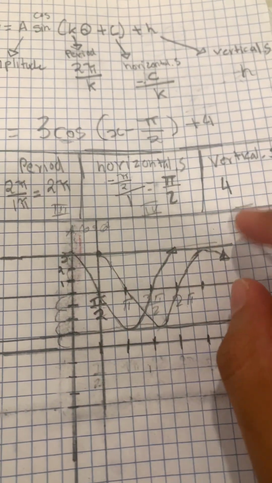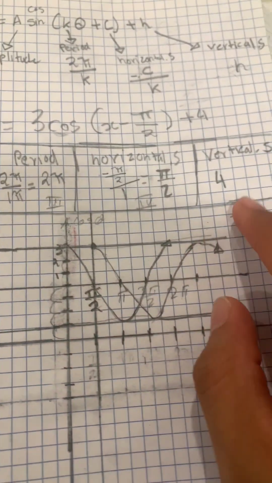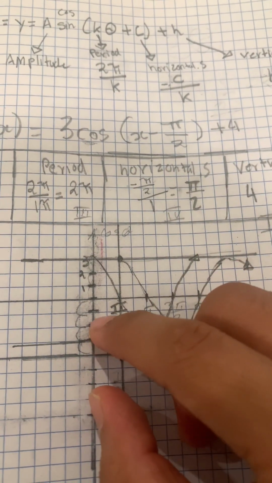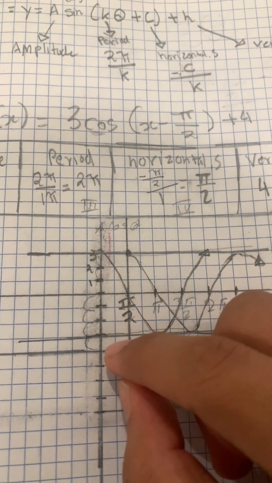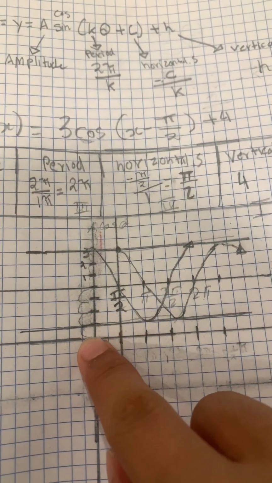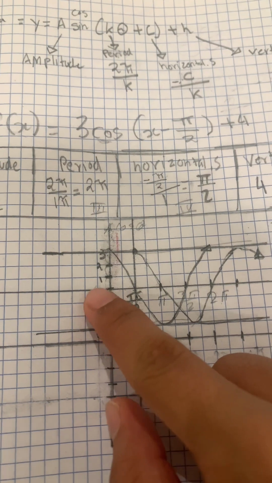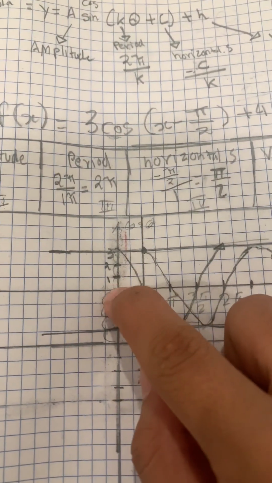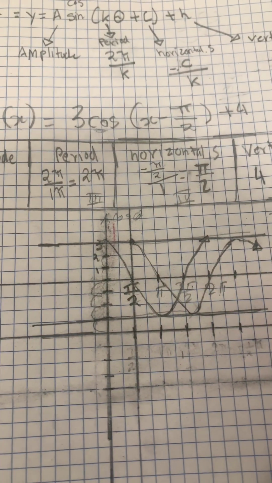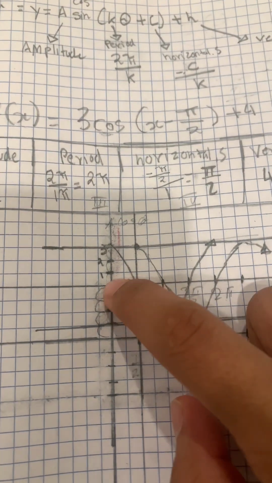The vertical shift would be 4, so we go up by 4: 0, 1, 2, 3, 4. So our vertical shift will be right here, so we draw a new line right here, that would be our new 0.